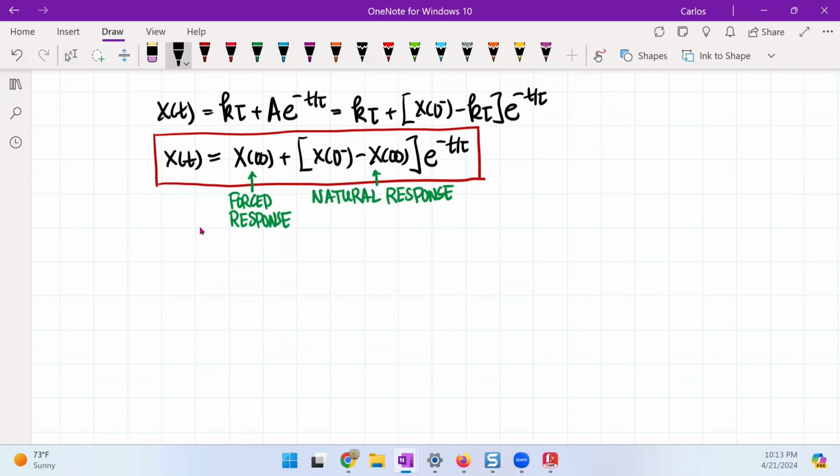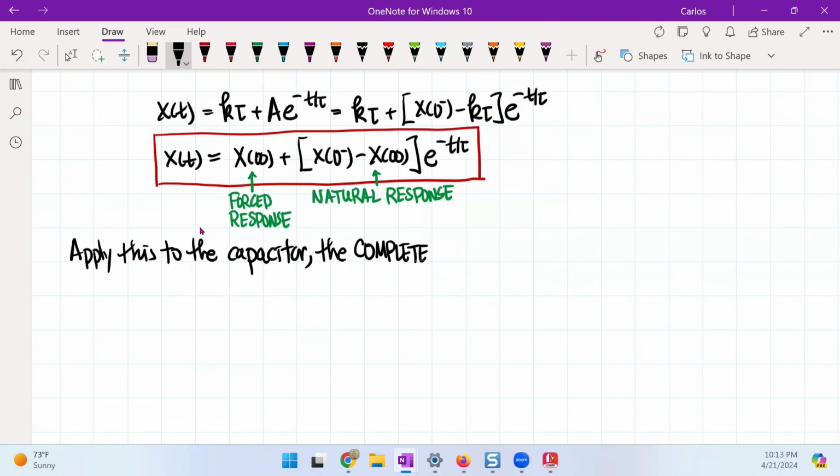So now if I apply this to the capacitor, the complete response, why is it the complete? Because we solved for the constants.